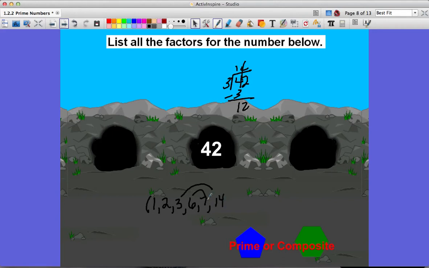See, now I don't have to try 8, 9, 10, 11. Once I find these two middle numbers that connect, then I can just start connecting my outsides. Okay, and I know 2 times 21, and then 1 times 42, and again this number is composite.